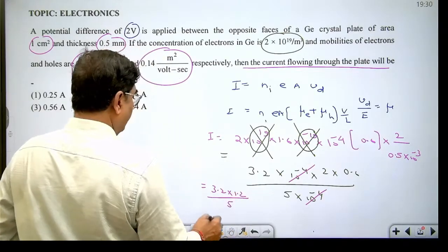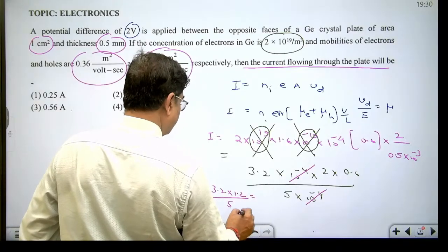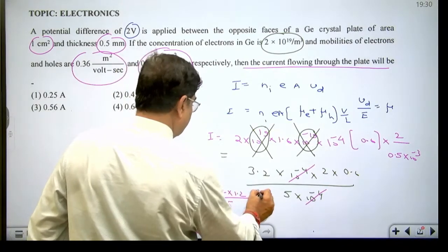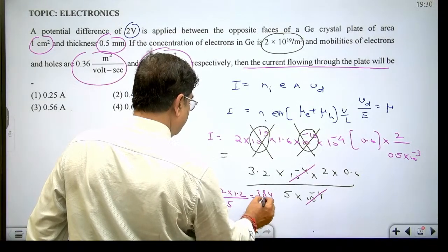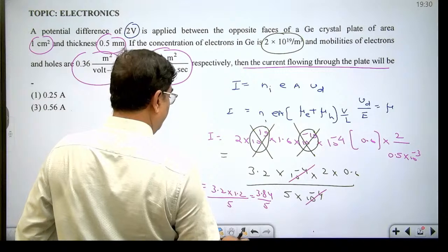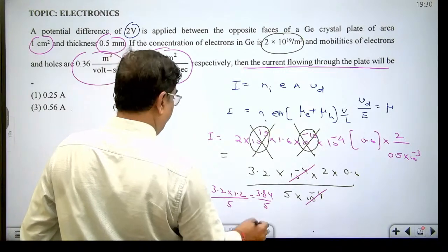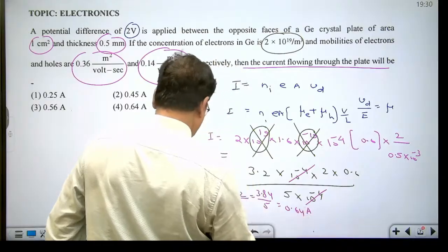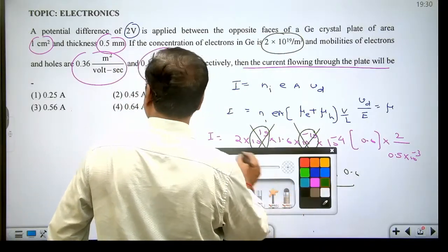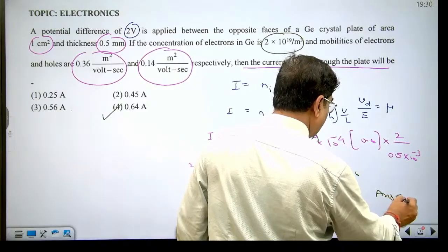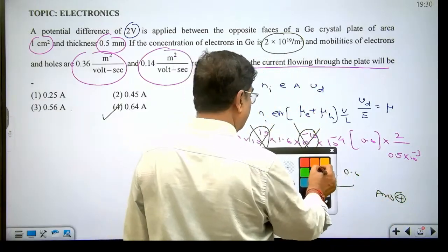After solving this, we will get 3.84 upon 5, so approximately 0.64. Answer is 0.64 ampere. So out of 4 choices, the correct choice is option 4. Dear student, option 4 is the correct answer.